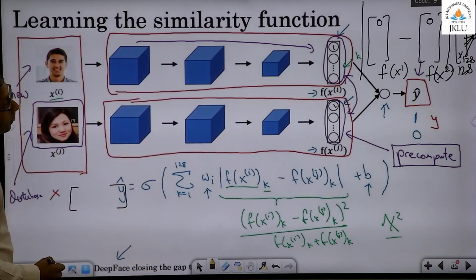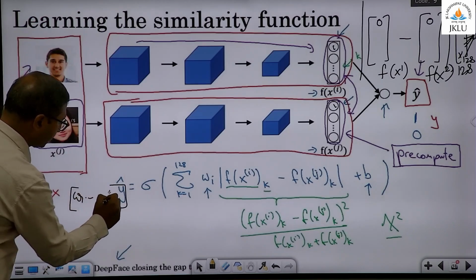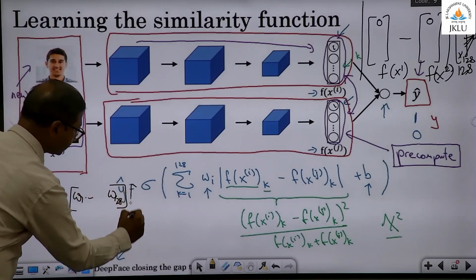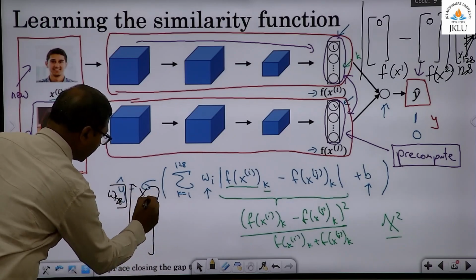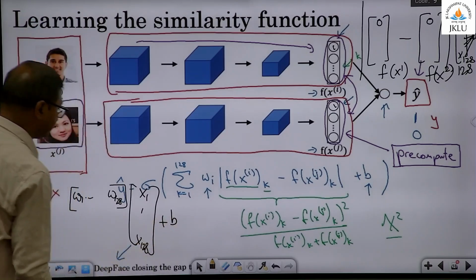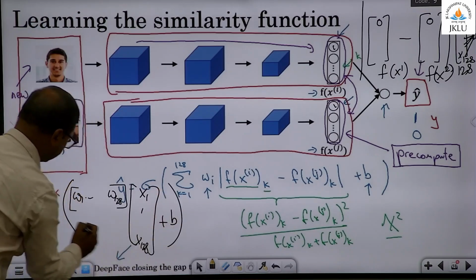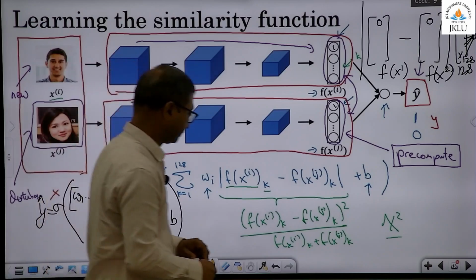What is w? So w1 all the way until w128, x1 all the way until x128 plus b. Okay, this is your y hat if you take sigma of it.